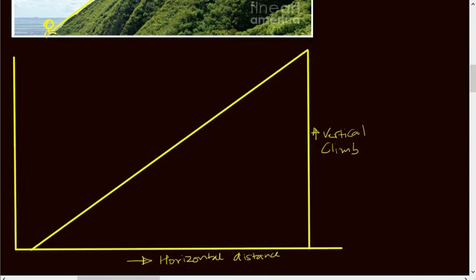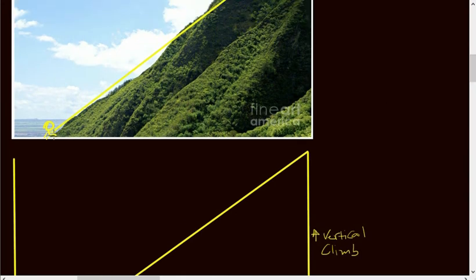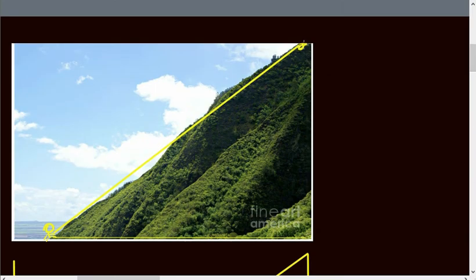One, horizontal, and the other, vertical. In this picture, it's here and here.